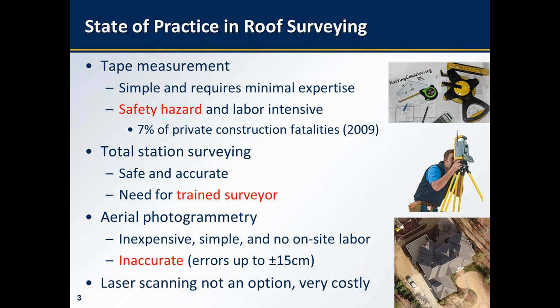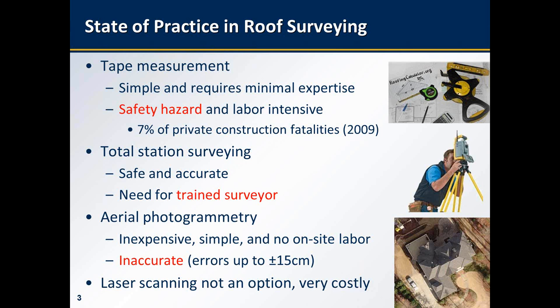This process is very inexpensive. It's simple for the customer, and there is no requirement for on-site labor in order to do the measurement. But the main problem is that it's kind of inaccurate, especially for fabrication level accuracy. Errors can be up to 5 inches or plus or minus 15 centimeters in this method.